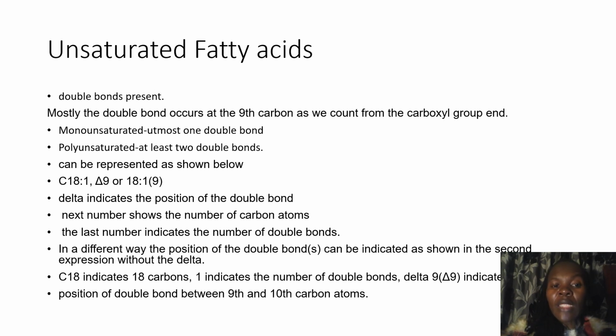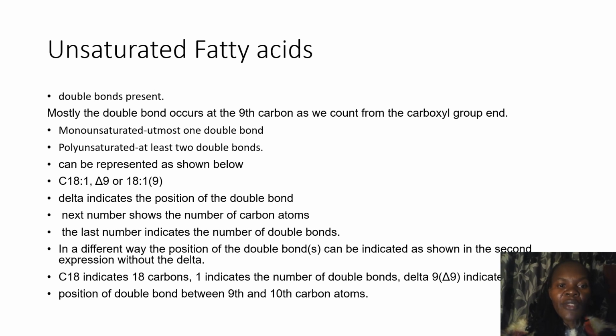So it says at position 9. So it means after carbon atom number 9, you have to count from the carboxyl terminal end, remember. After carbon atom number 9, place the double bond. And when placing the double bond, remember to balance the bonds around the carbon.